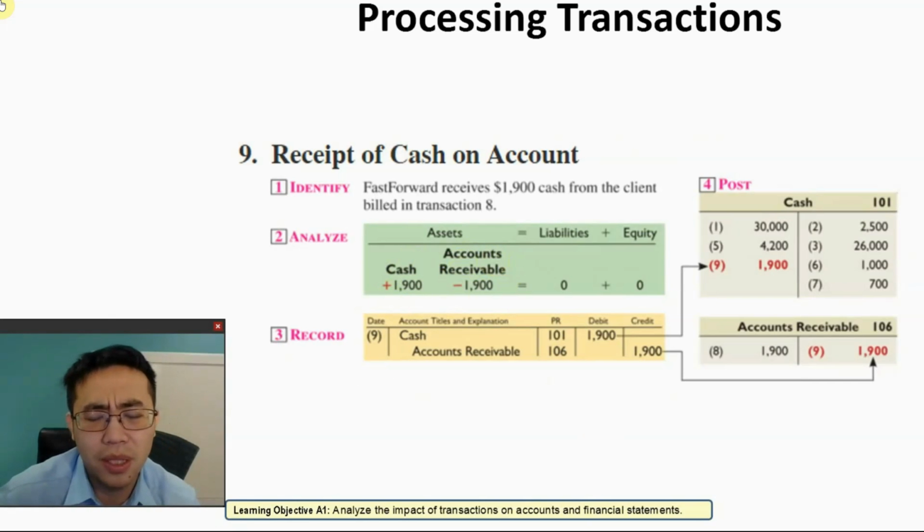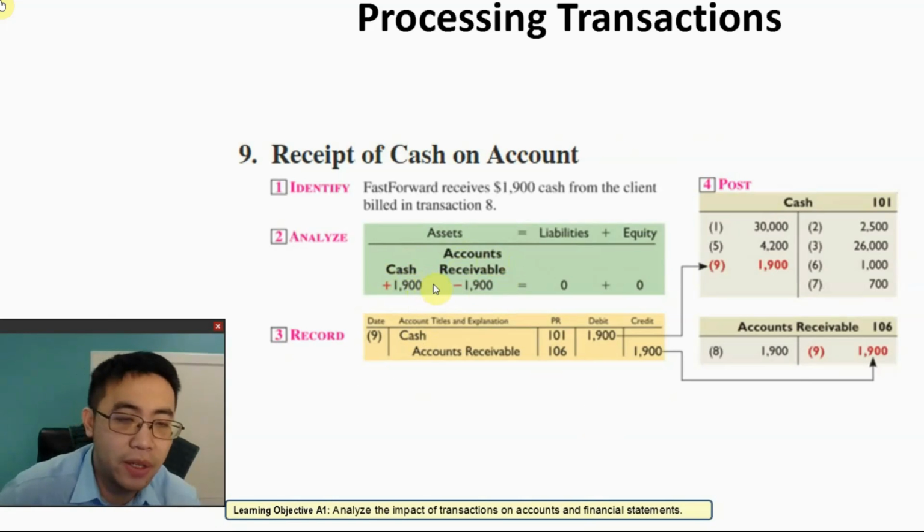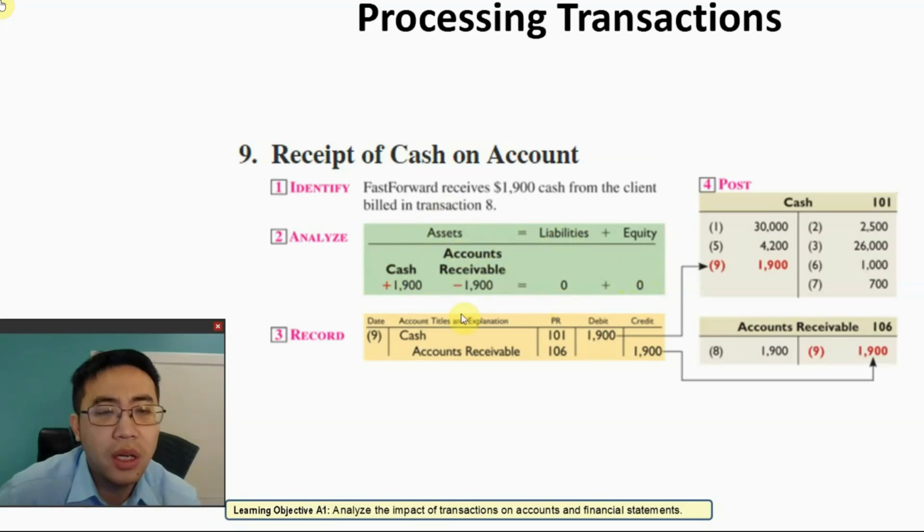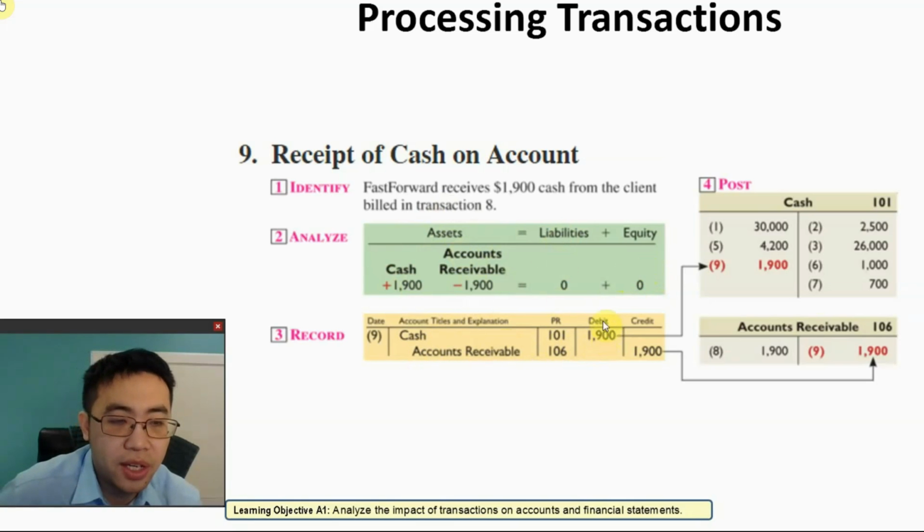It should be destroyed or just torn off because they don't owe you money anymore. So account receivable is gone now, but the cash increases by the same amount. You will see assets have no net change, so the liabilities and equities would have no change at all. In the record, you will see cash got an increase, so that's a debit, and account receivable decreased, that's a credit. These are both assets.